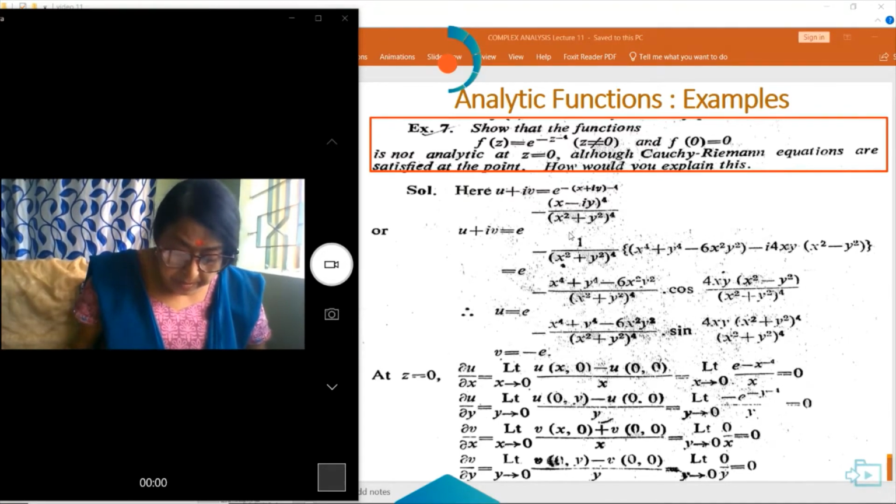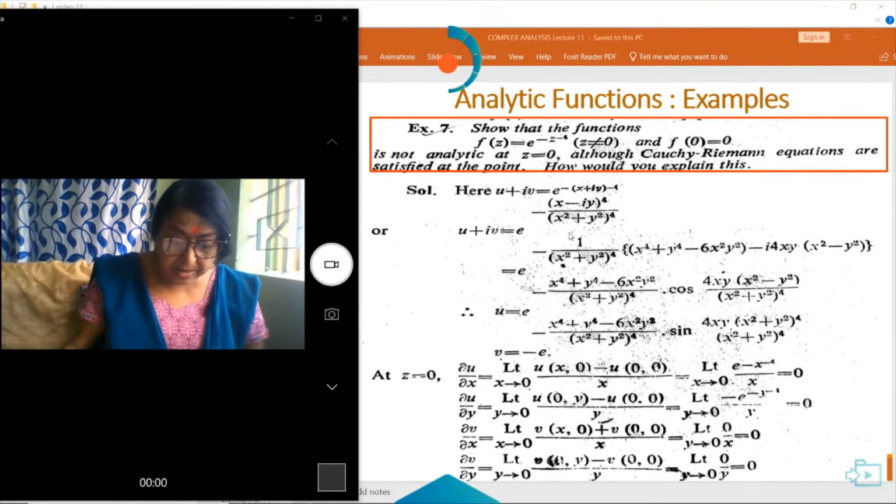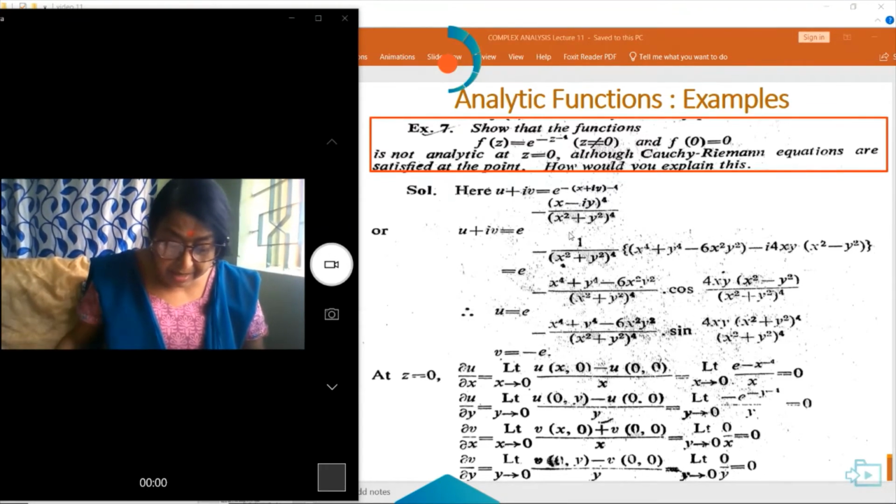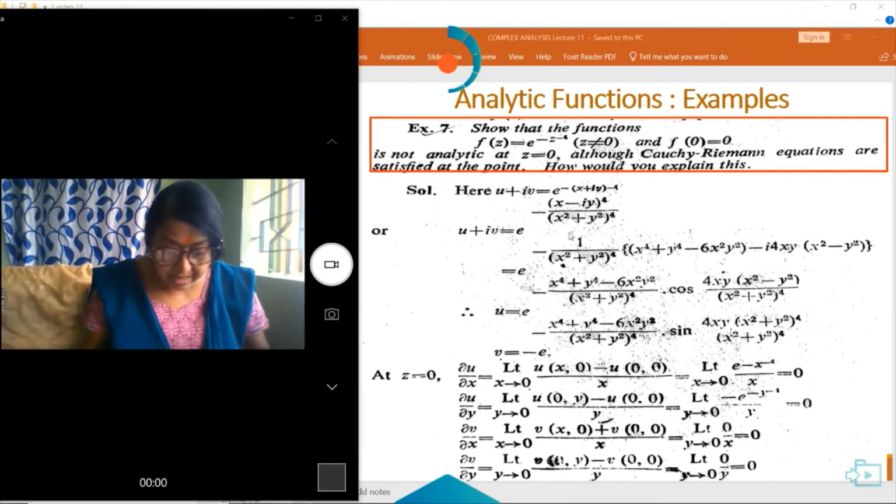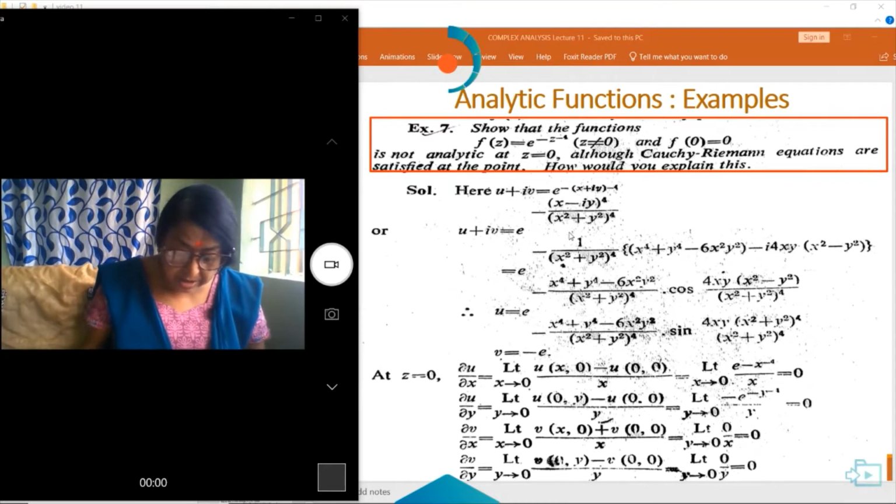So f(z) is equal to u + iv, and replacing z by x + iy, we can write the function, so u is separated and v is separated.